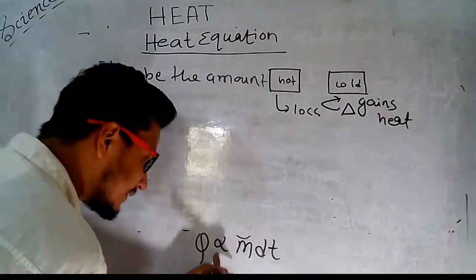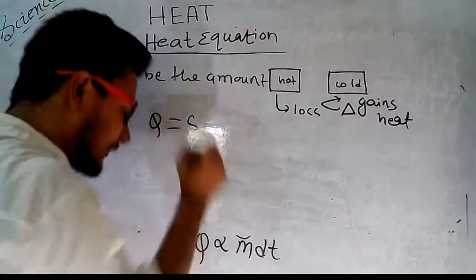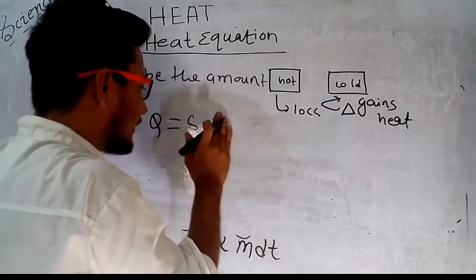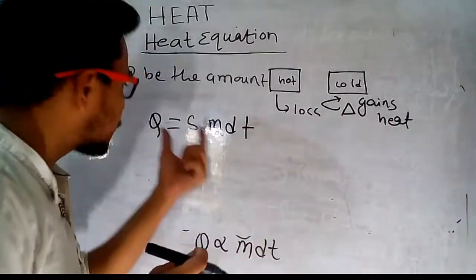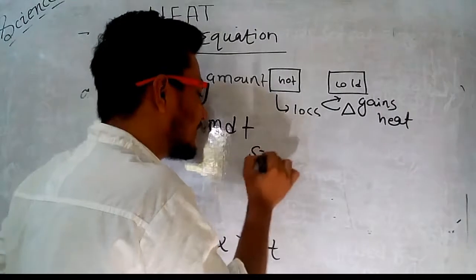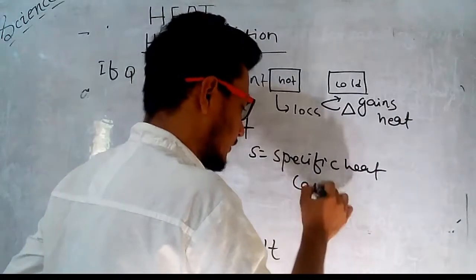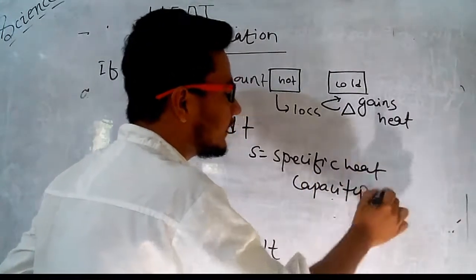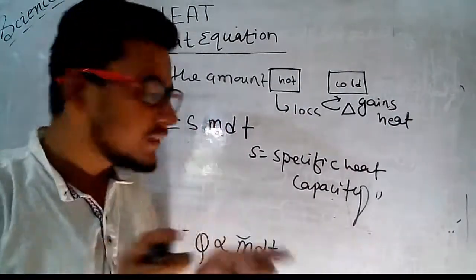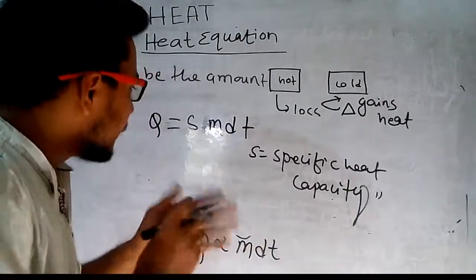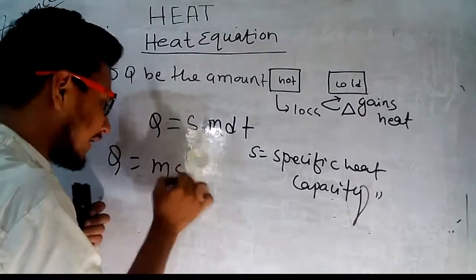When we remove the proportional sign, experimentally we put in s. Now we have to say something about that s. S is the specific heat capacity, and it is the proportionality constant. So finally we write from this equation, Q equals m s dT.